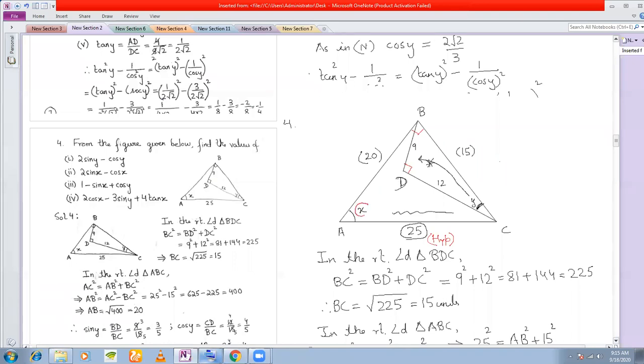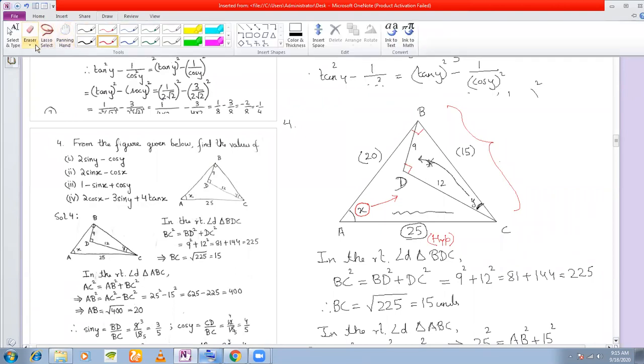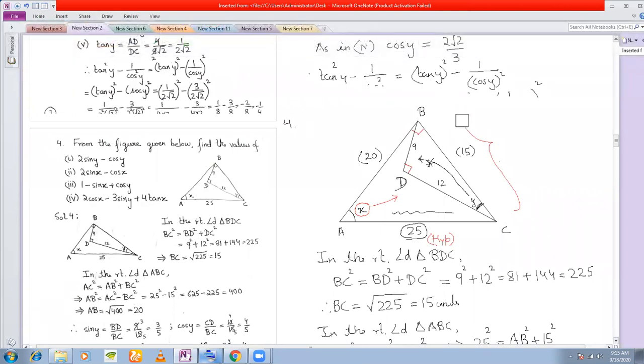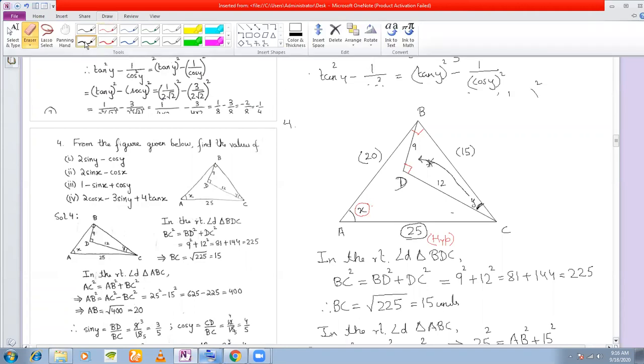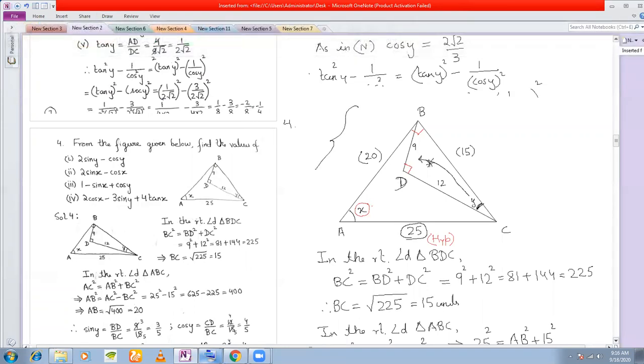Since x is here, opposite to this x in the bigger triangle is the side BC. So this must be my perpendicular for the bigger triangle when we are considering x. So therefore, once I know my hypotenuse and perpendicular, my base will be the remaining side, which is AB.